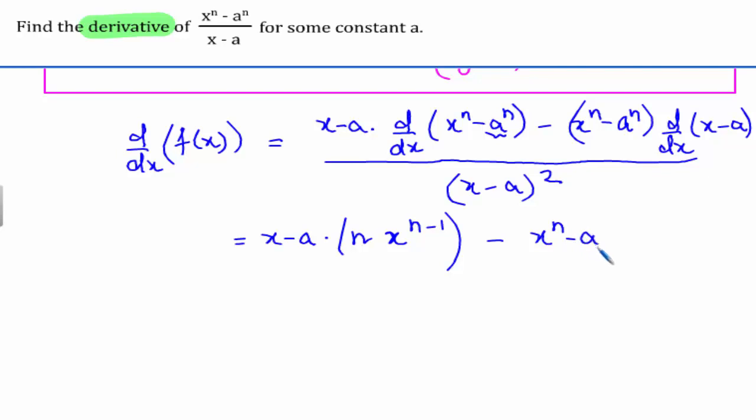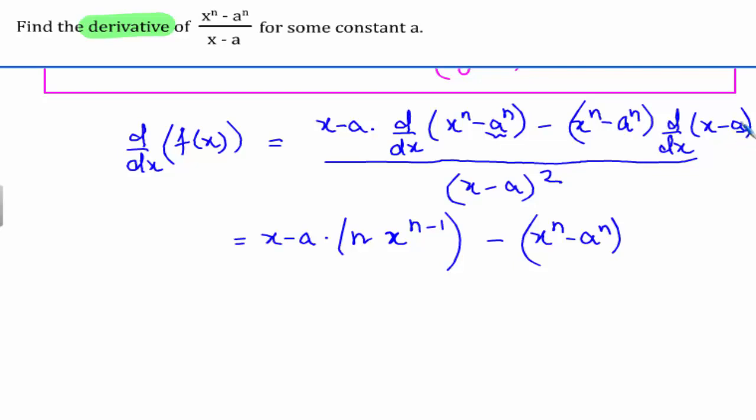Now we have to find the derivative of x minus a with respect to x. Similarly, x minus a is the difference of two functions, and we know that derivative of the difference of two functions is the difference of the derivatives of the function, and here the derivative of a, which is a constant function, is 0.